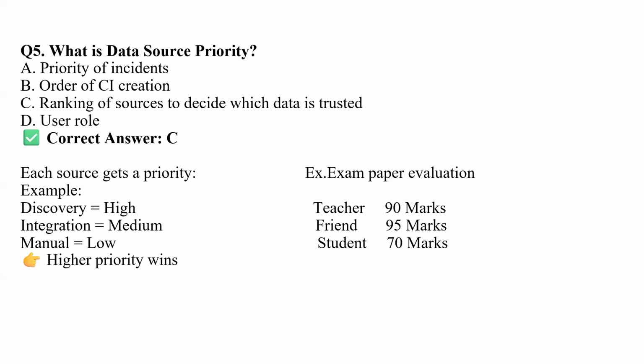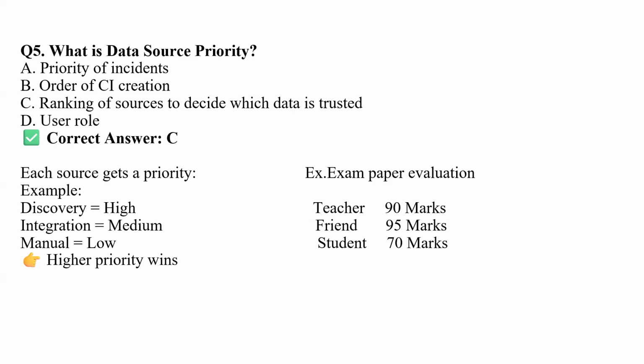We can take a best example. In case of exam paper evaluation, three persons will evaluate: a teacher, a friend, and a student. If the paper is evaluated by the teacher and marked 90, another evaluated by the friend scores 95, and evaluated by the student scores 70, then what's the priority?